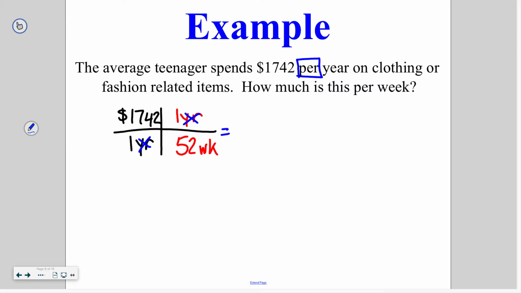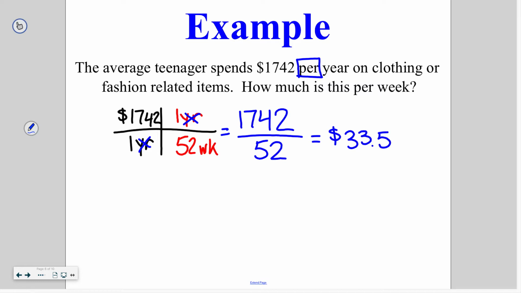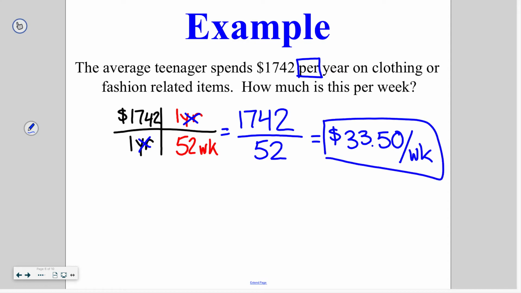So I'm going to go ahead and multiply the top. 1,742 times 1 is 1,742. And on the bottom, 1 times 52 is 52. Then I'm going to go ahead and divide those out, which gives me a final answer of 33.5. But in order to make it proper units, we're going to add that 0 so that it's $33.50 per week. So notice how I included both of my labels, dollars and weeks, as part of my final answer.